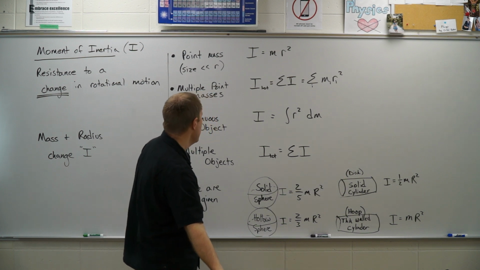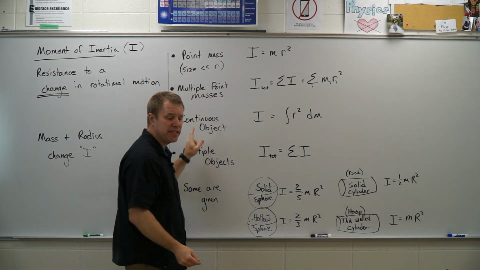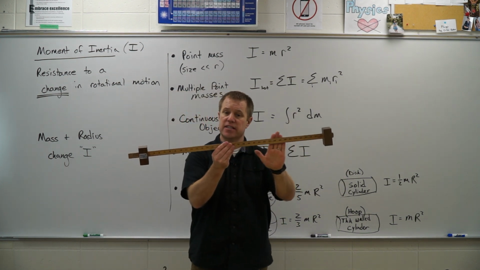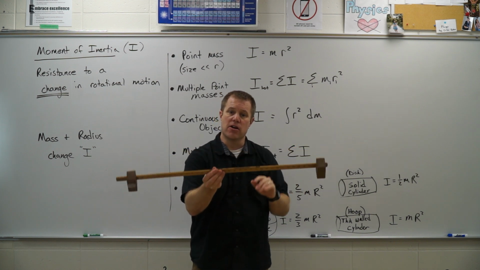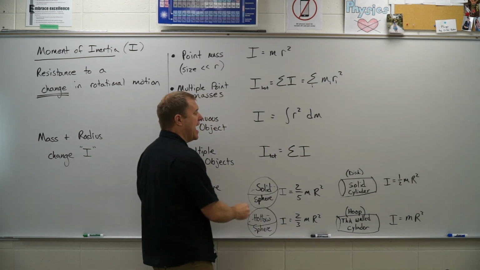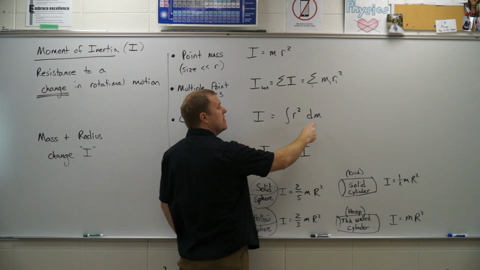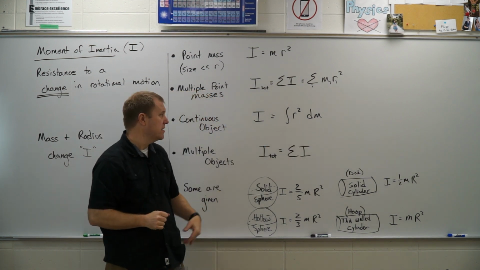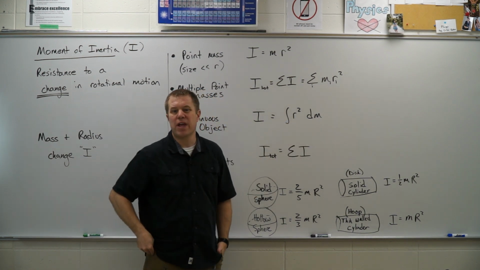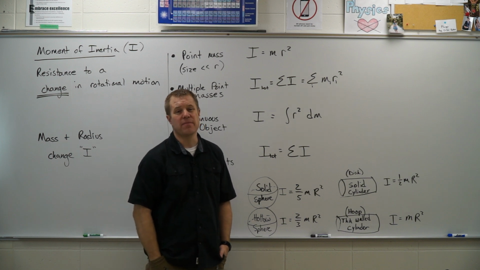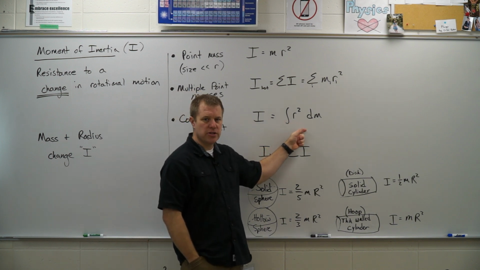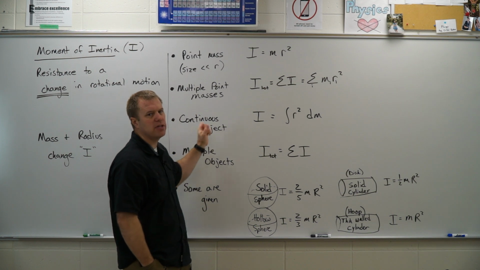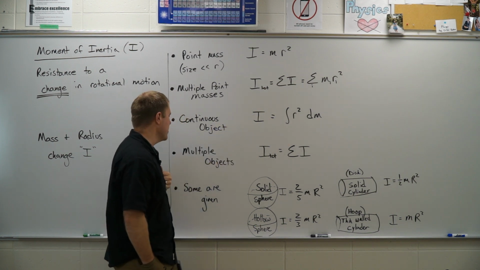Now if I have a continuous object, such as this meter stick here, I'm going to have to integrate the mass function times radius squared. We're going to take a look at how we do that, but if we have a continuous object, we are going to need to integrate.